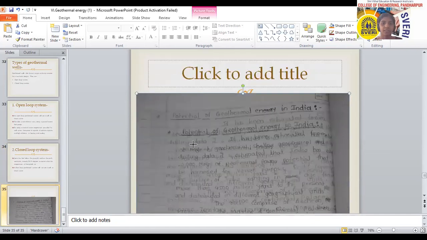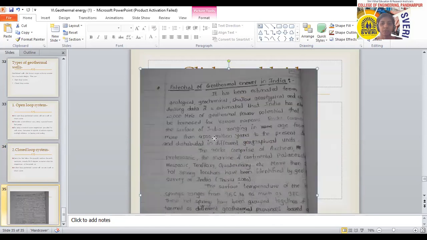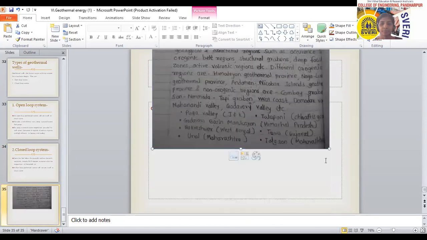So here you can see the last point, potential of geothermal energy in India.